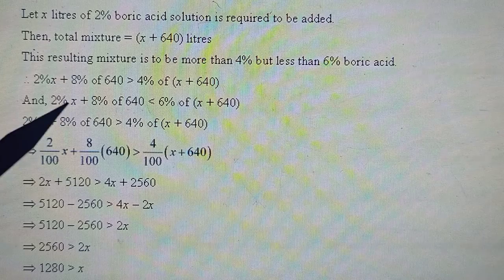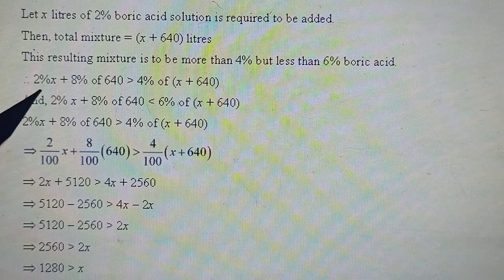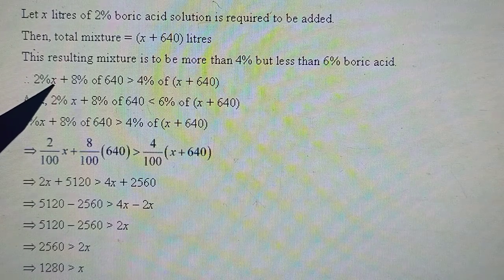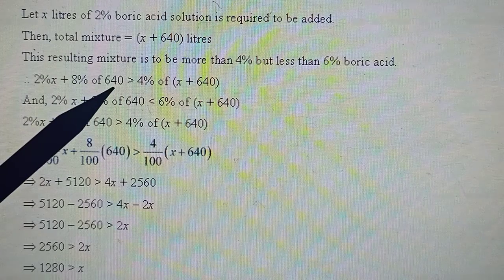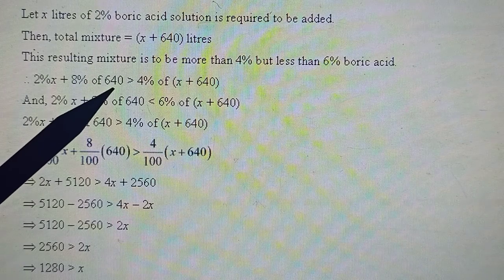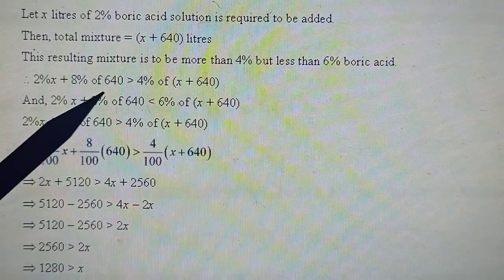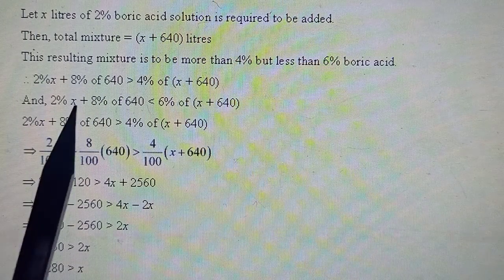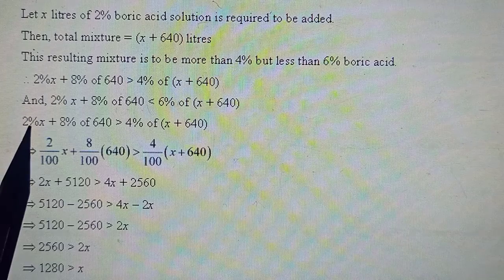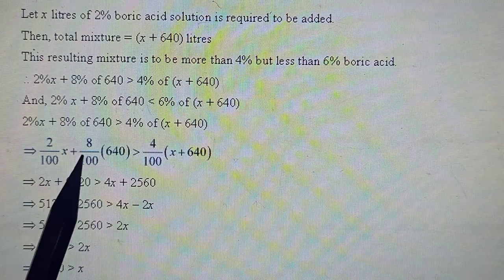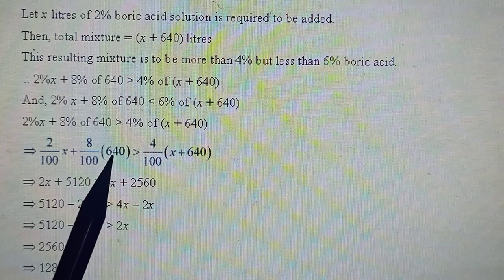The quantity of boric acid will be decided as 2% of x liters and 8% of 640 liters of 8% boric acid solution we had. Is that clear? So the resulting acid quantity will be 2 upon 100 into x plus 8 upon 100 into 640.